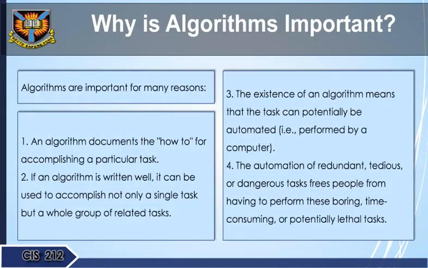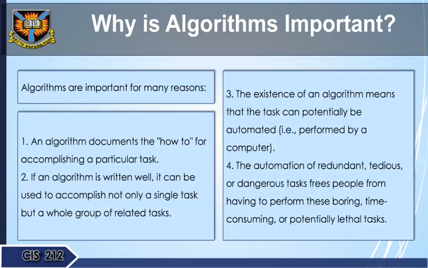Why are algorithms important? Algorithms are important for many reasons. An algorithm documents the how-to for accomplishing a particular task. If an algorithm is written well, it can be used to accomplish not only a single task, but a whole group of related tasks. The existence of an algorithm means that the task can potentially be automated, that is, performed by a computer.